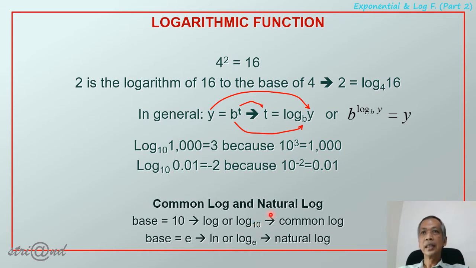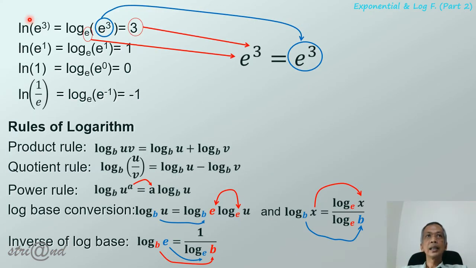It is usually called the common logarithm when the base is 10. And when the base is e, the natural number, usually we write it as ln, or natural logarithm. Or in a more complete way, we can write it as the logarithm of something to the base of e. It is the natural logarithm. Let's discuss the natural logarithm more.